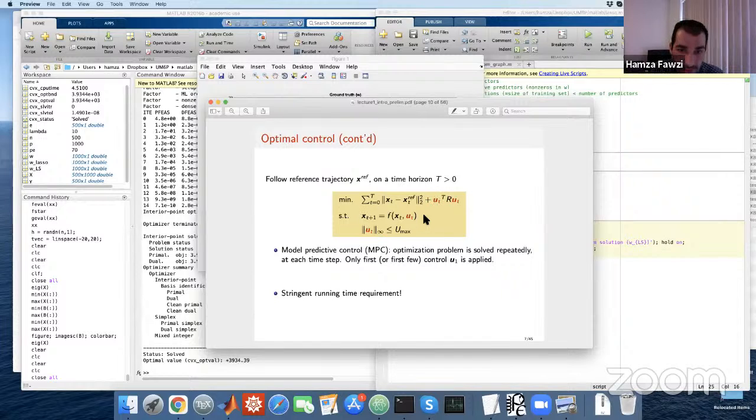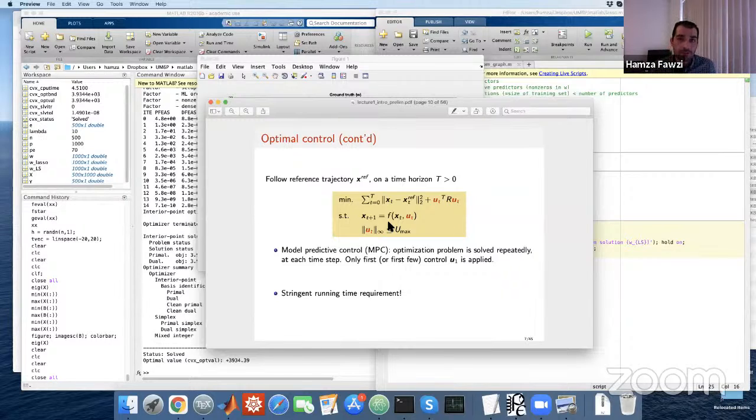This is subject to the dynamics of the system, and subject to certain hard constraints on the inputs u. For example, the acceleration you apply in a car cannot be more than something, and this is a hard constraint that you have to put in the constraints. The same goes for the steering: you cannot steer more than a certain magnitude, so you have to put this as a hard constraint in your optimization problem.